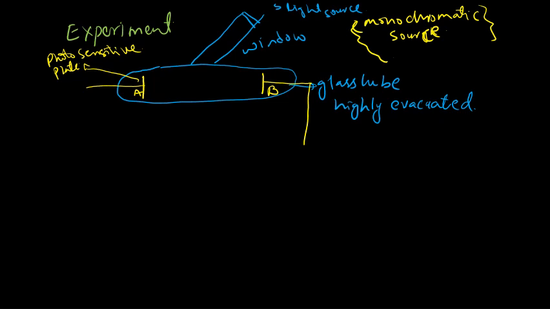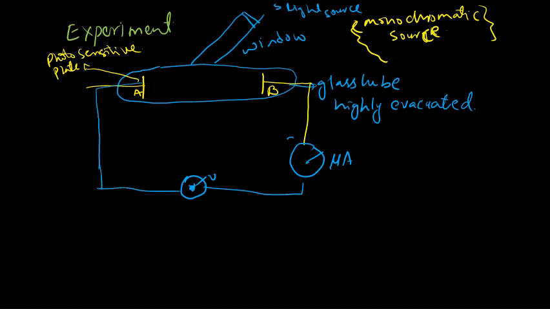And here in the circuit we have a microammeter to read the photoelectric current, and here is the voltmeter to read the voltage. These are connected in the circuit.